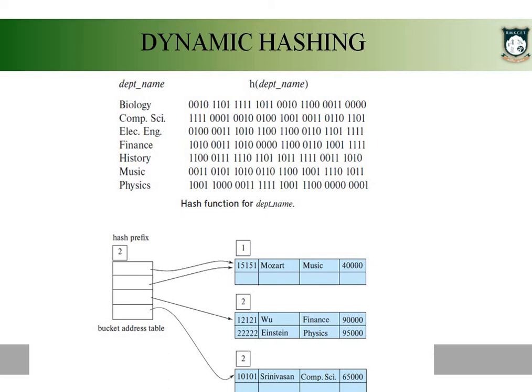The first 2 bits are 00. So any record for which the hash function returns 00 will be placed in this bucket. Then any record for which the hash function gives a value 10 will be placed in this bucket, and this is for the hash result 11. So any record for which the hash function returns a result starting with 11 will be placed in this bucket.